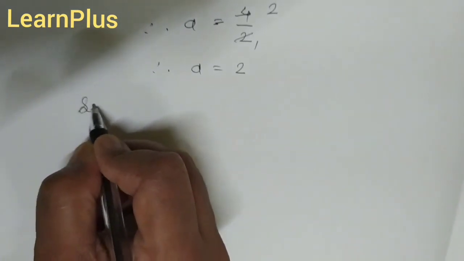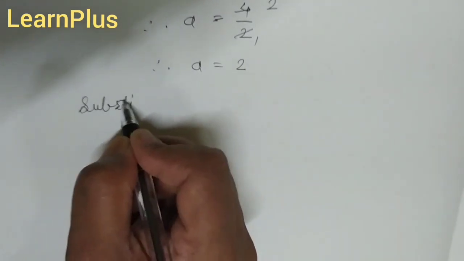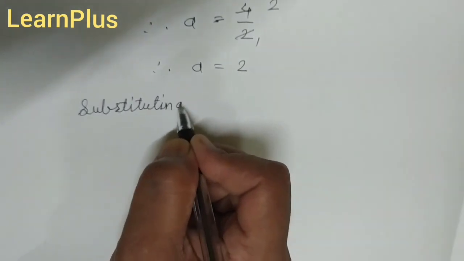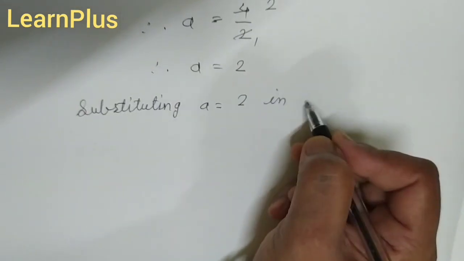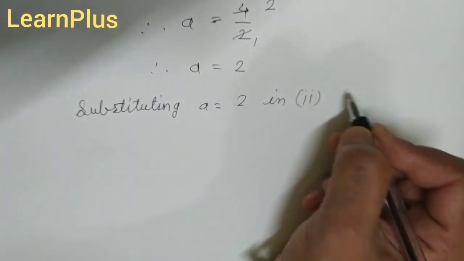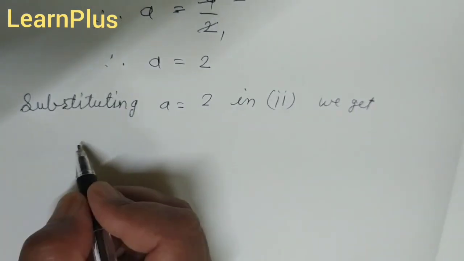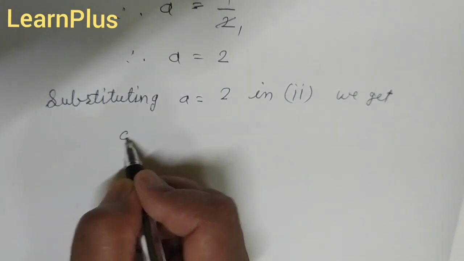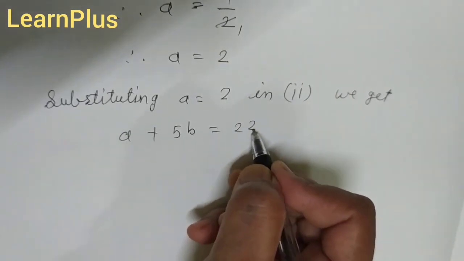Means we will write here, substituting a is equal to 2 in second equation. Okay, then we get, now we'll put the value. Okay, what is the second equation? Second equation is a plus 5b is equal to 22.